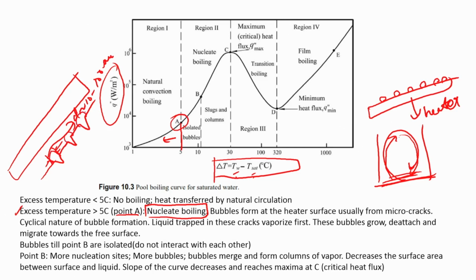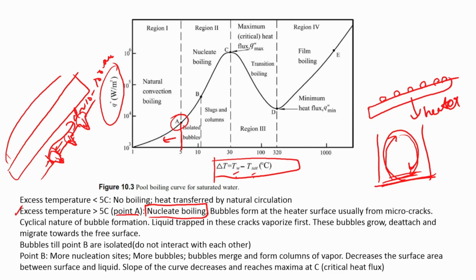The bubble starts to grow from these cracks. This is because when you put a liquid over this heater surface, the liquid cannot always penetrate these cracks. So there is some entrapped vapor in the crack, and that leads to the nucleation of bubbles.